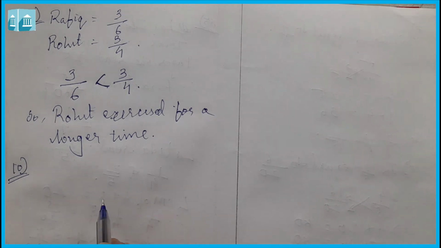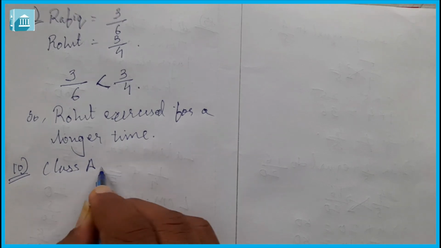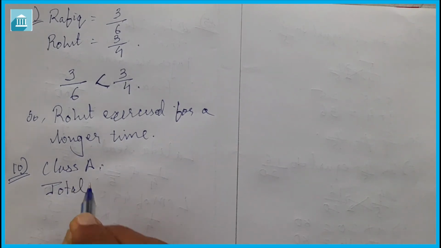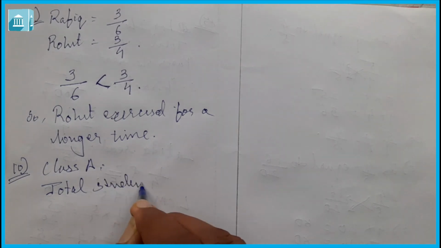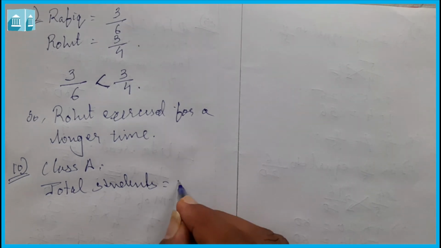So here first we have to see class A. Total students is equal to 25.